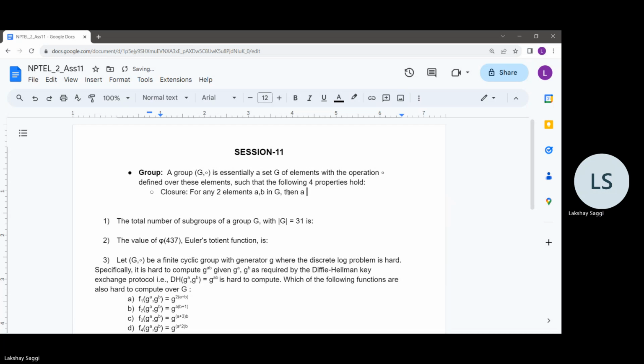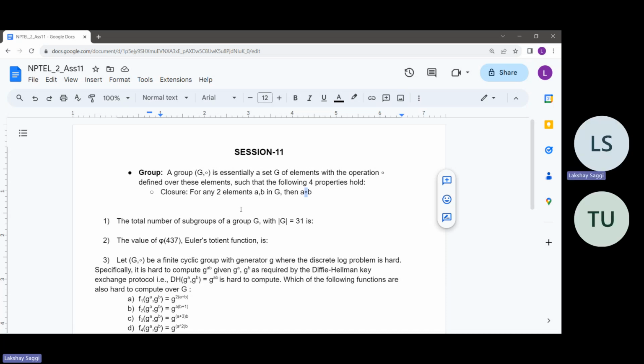O is an operation, so it needs two operands and gives one output. If A and B are the operands, then this value A O B should also belong to G.